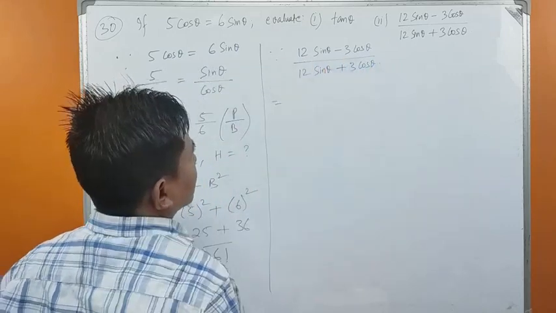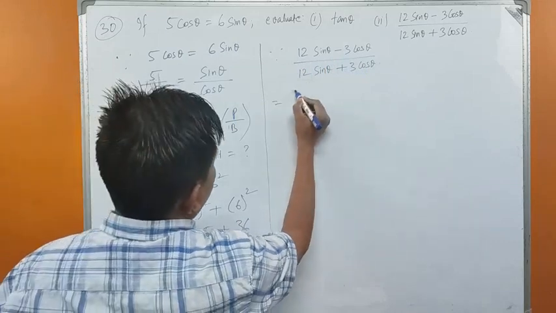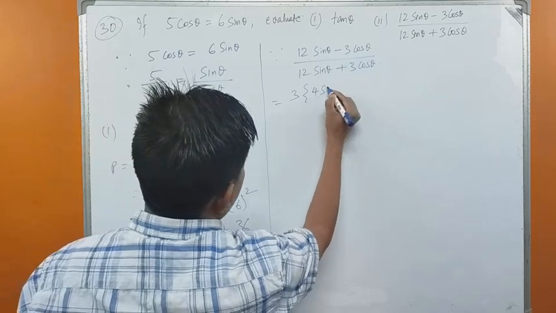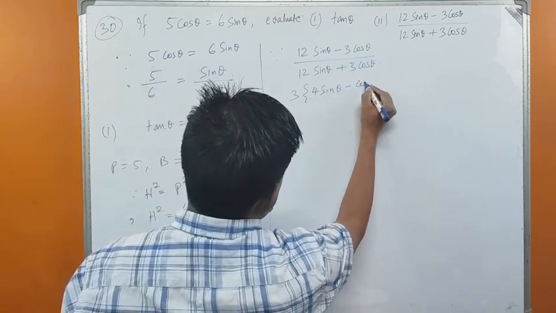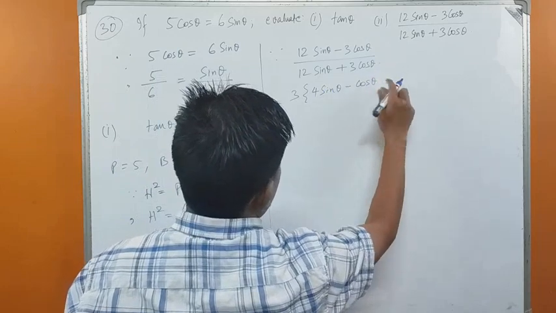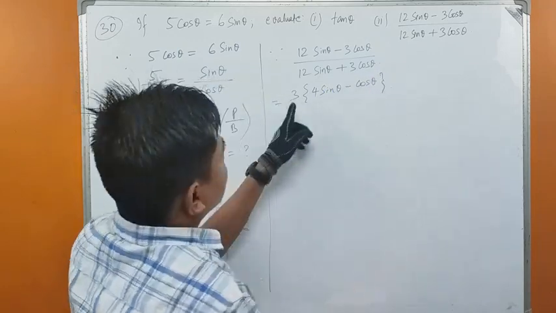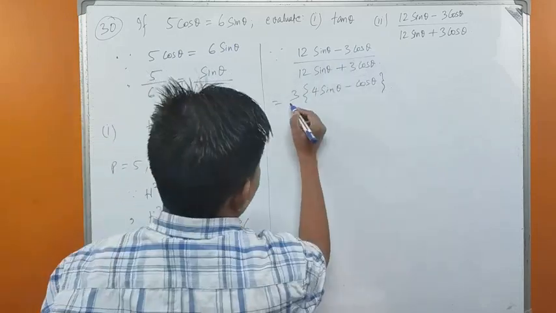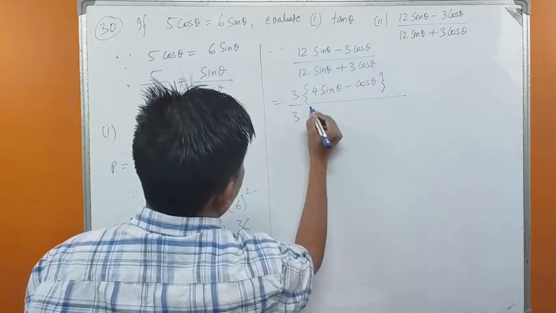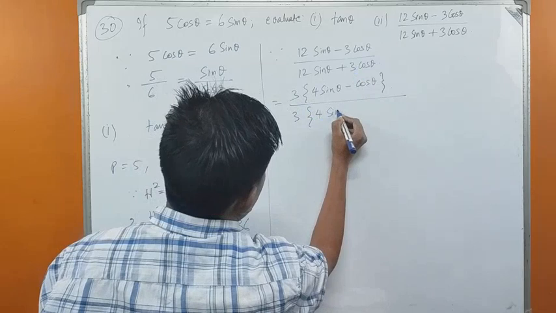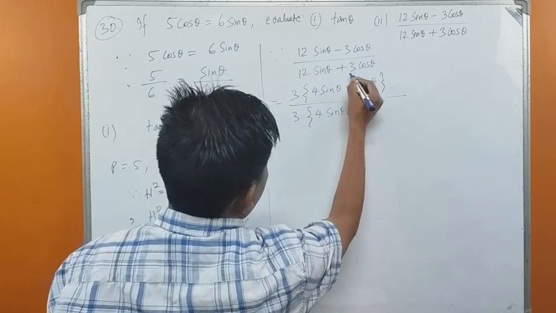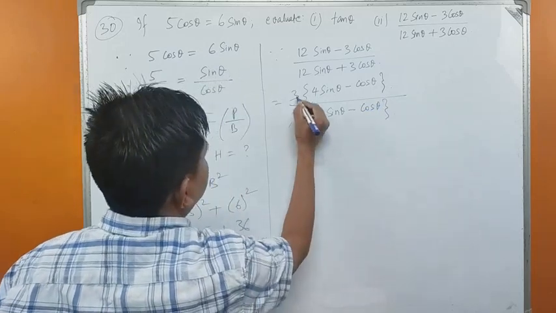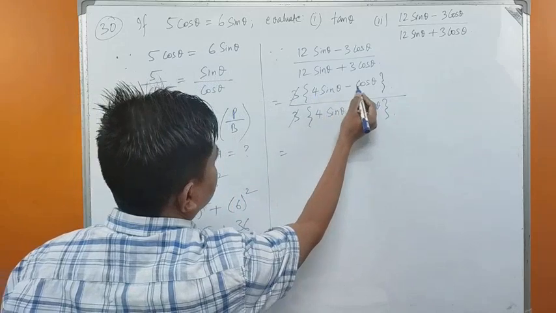We can take 3 common and cancel out. 3 4s are 12, sin theta minus cos theta. 3 4s are 12 sin theta minus 3 into cos theta is 3 cos theta. Here also we take 3 common. 3 4s are 12 sin theta minus 3 is taken common, so cos theta remains within the bracket. So this 3 and this 3 cancel out. So 4 sin theta minus cos theta, isn't it?